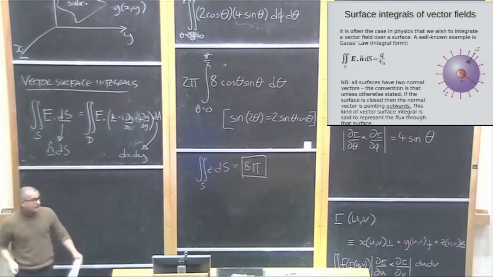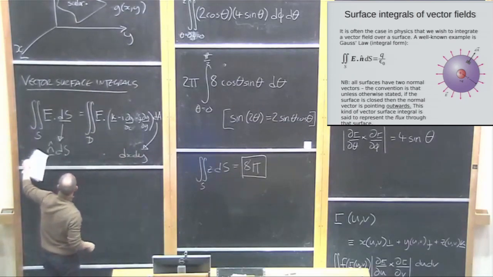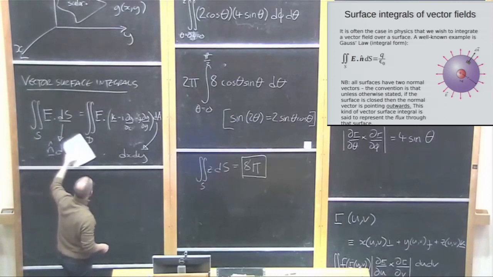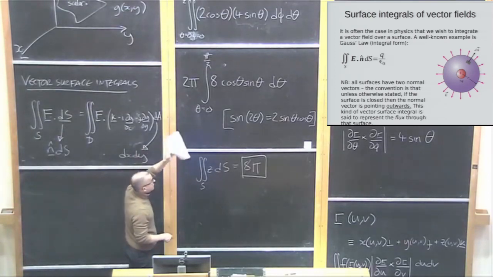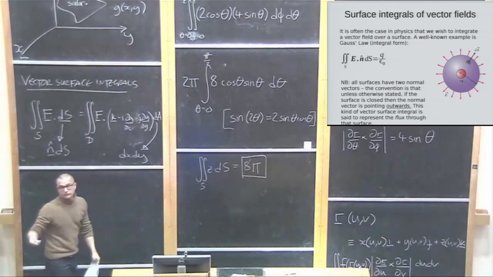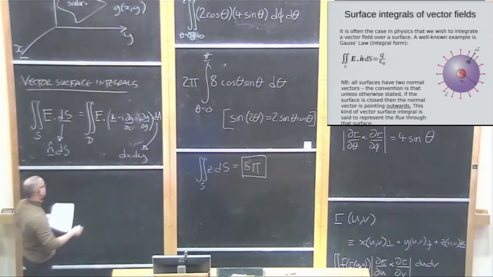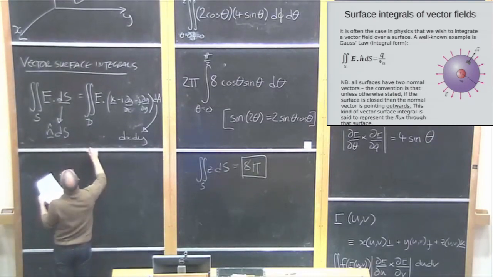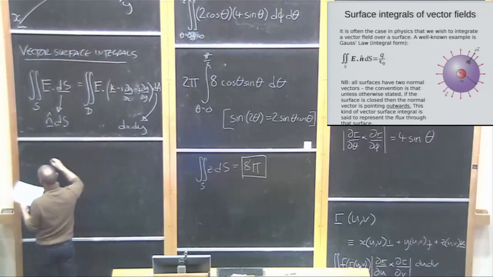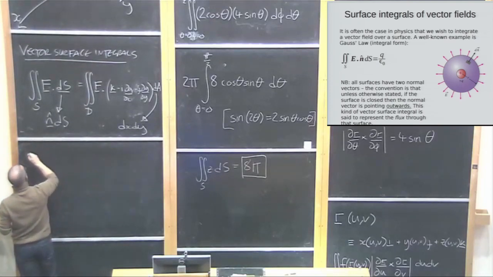And as I mentioned yesterday, the normalization of this normal vector, which would be underneath here, cancels with the projection term that we saw when we were looking at the scalar integral just then.